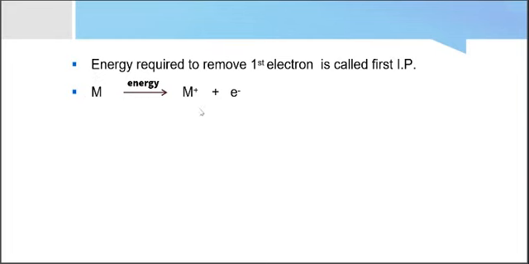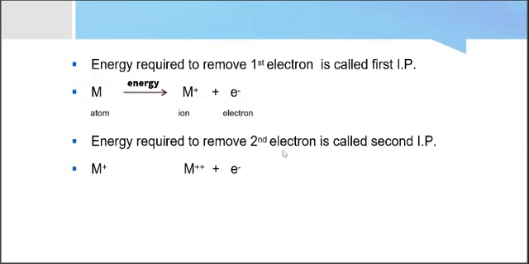Let us take an atom M. When we give some energy to it, the electron from the outermost energy shell leaves the shell, and this atom becomes an ion. The energy required to remove the second electron is called the second IP.